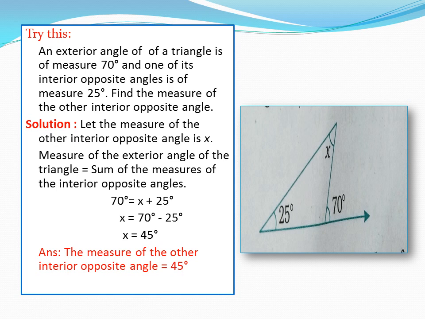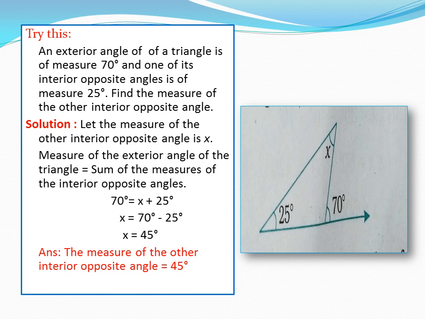So what we have to find out? Find the measure of the other interior opposite angle. Children, question, are you understood? Our exterior angle is given 70 degree, and one of the interior opposite angle is also given, 25. So we have to find out the other interior opposite angle. Let us see how it is.